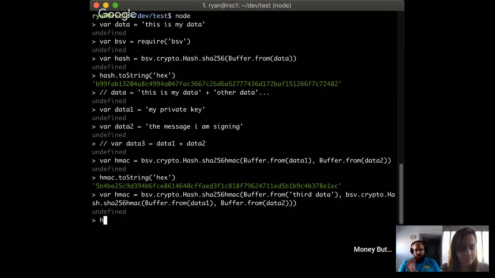So that would be a way to combine any number of pieces of data together by chaining HMACs together. Okay, right. Great, thanks.